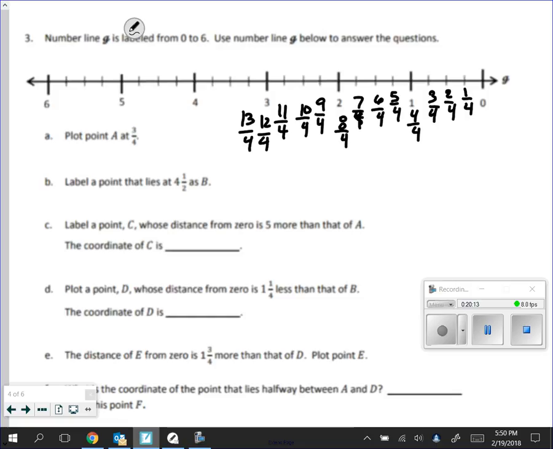Now some of these you might need to make mixed because they've got some mixed on here. 13/4, 14/4, I'm getting sloppy, 15/4, 16/4, 17/4, 18/4, 19/4, 20/4, 21/4, 22/4, 23/4, and then 24/4.